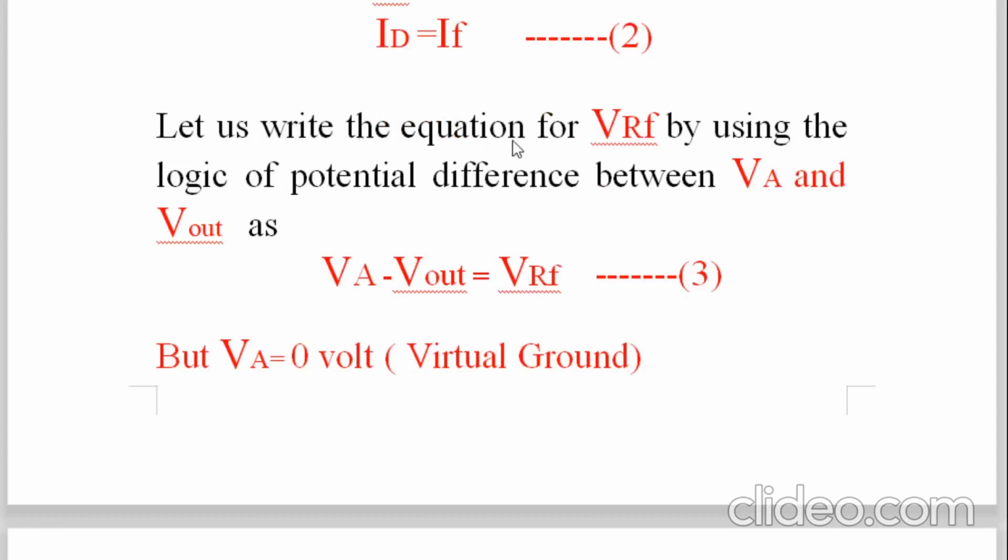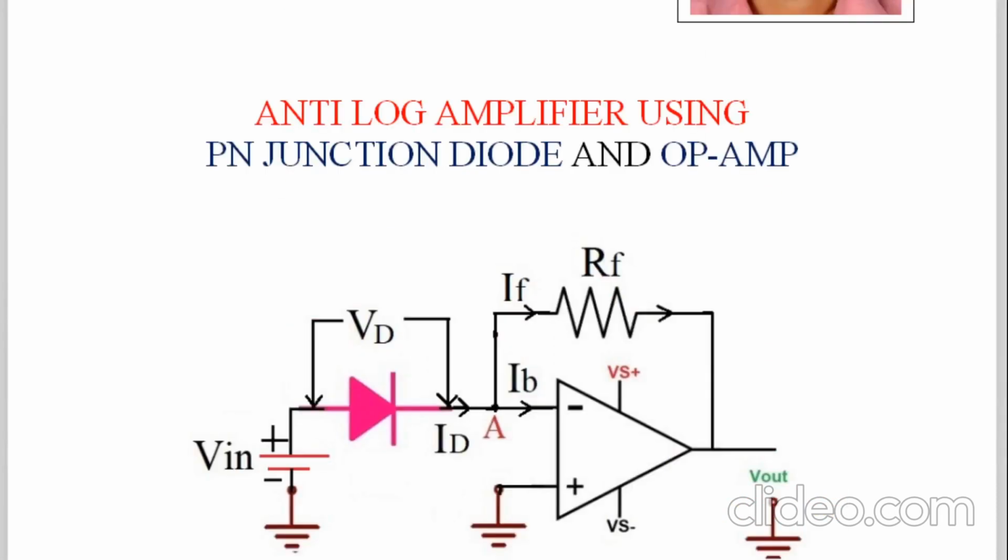Let us write the equation for VRF, the voltage across the feedback resistor, by using the logic of potential difference between VA and Vout. As I told you, we have to start from this side. We came to this point. Now we cannot go inside the op-amp, input resistance is high. So let us go through the path through which our feedback current is going. Then we come to this point and we observe RF. So we have to write down the voltage across RF by two logics.